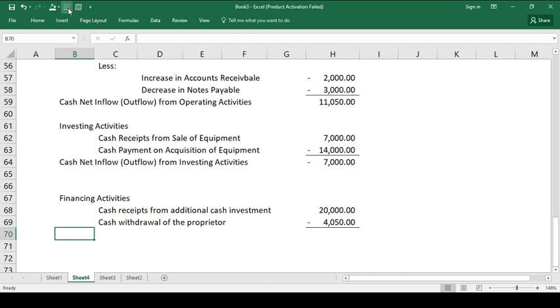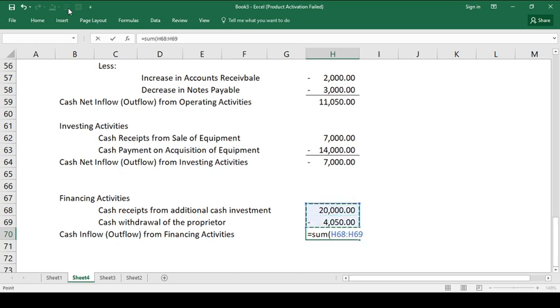So, let's do the math kasi ito lang naman yung mga financing activities. Okay? So, cash inflow or outflow, okay, from financing activities. So, let's do the math here, the sum, and then that's it.